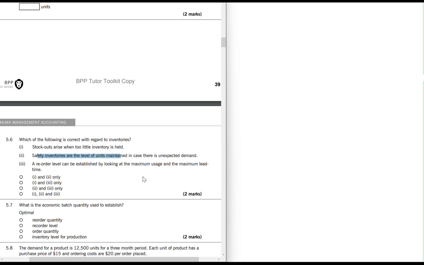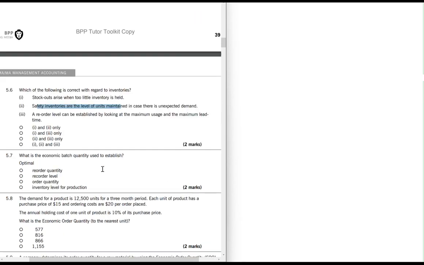Obviously, buffer stock is there in the warehouse all the time. So whenever we are calculating holding cost, we will not divide it by 2 because it is always there. A reorder level can be established by looking at maximum usage and maximum lead time. All of them are correct.